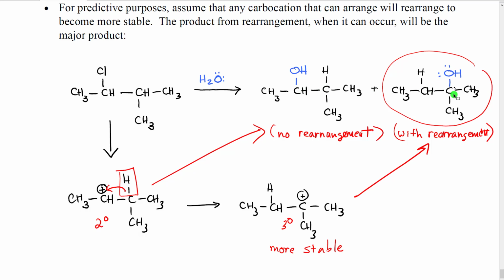However, it turns out also that we have no way of predicting what the composition of that mixture would be. That composition could be affected by a variety of factors: the concentration, the temperature, the solvent, the length of time. There's a whole bunch of things.